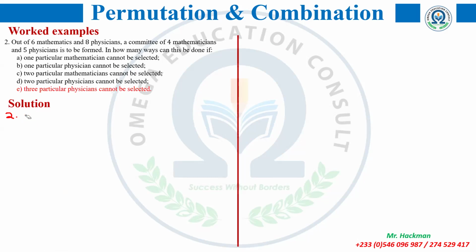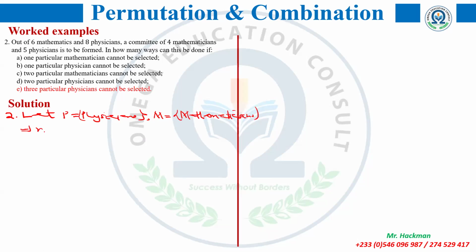Yes. Let me equally do the needful, and I want to be smart and present it in another way. Let P be equal to the set of physicians, and M the set of mathematicians.